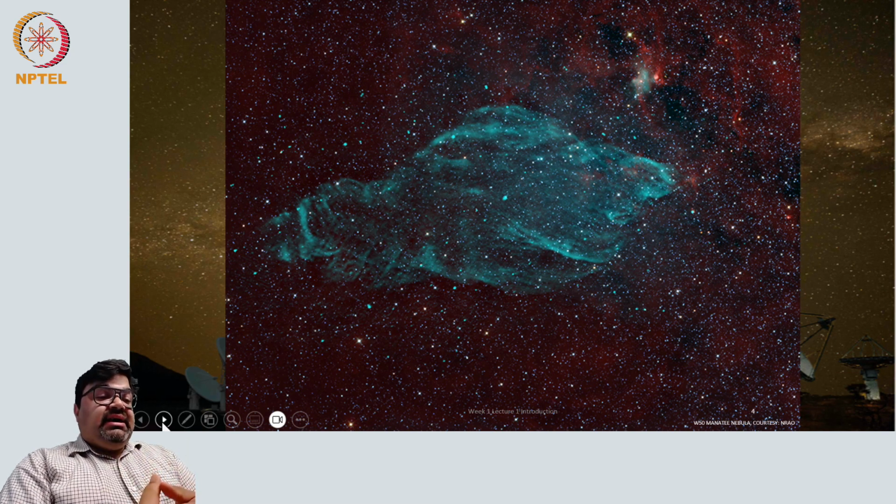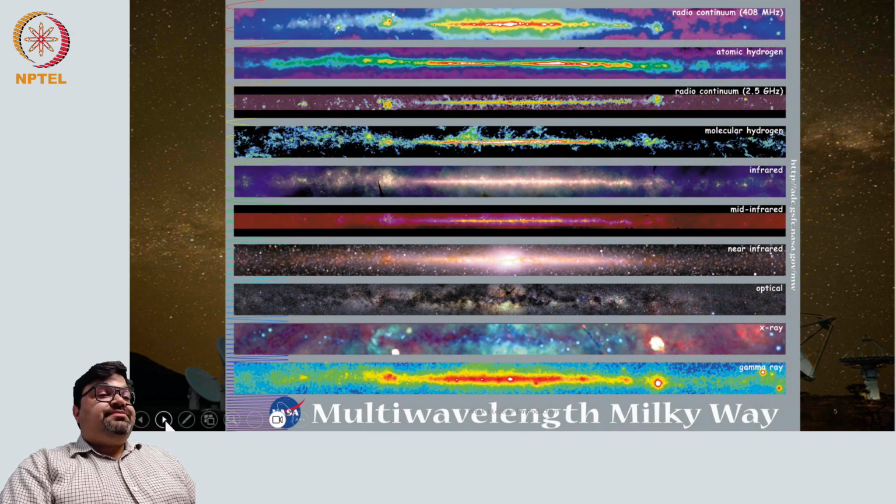This is the classic Manatee Nebula, and you can look it up on Google and learn more about it. The purpose of displaying this image was to make you understand that there are certain things visible in the radio which are not available in other bands. That's why observing in different wavelengths is so important.